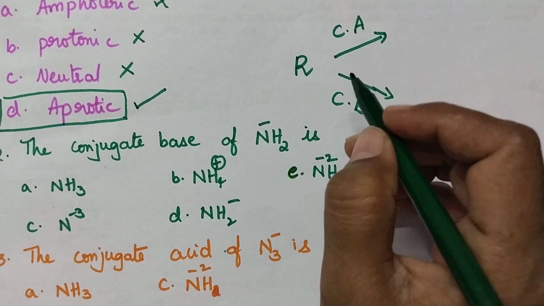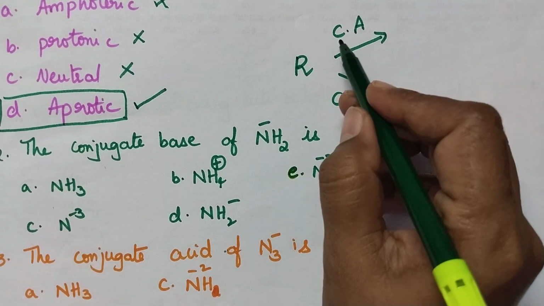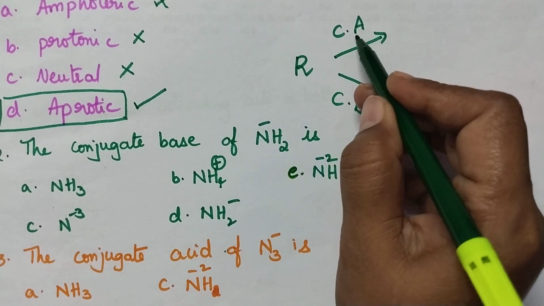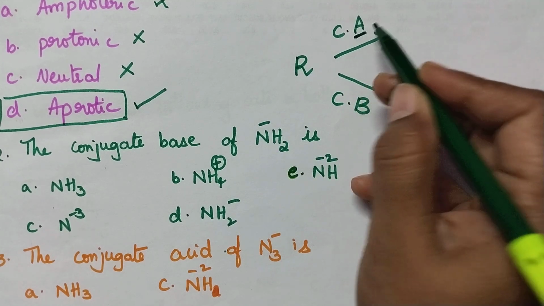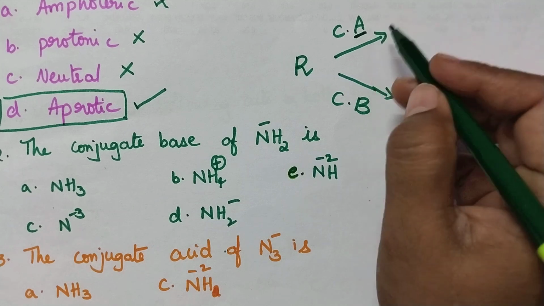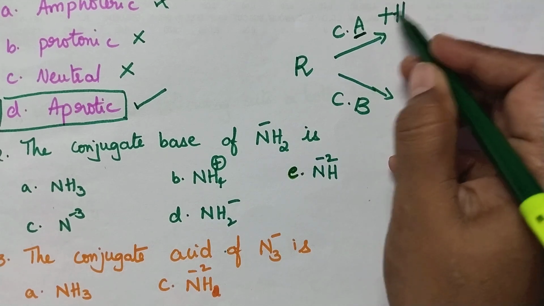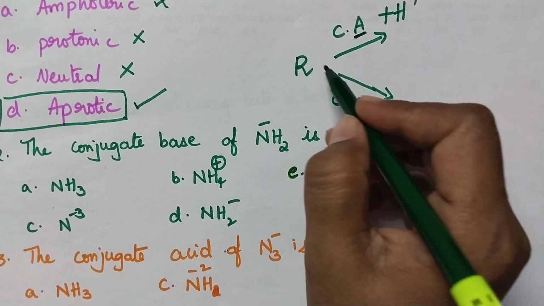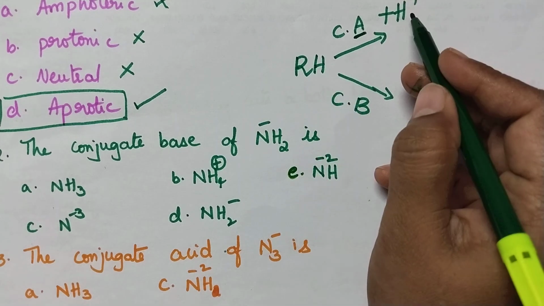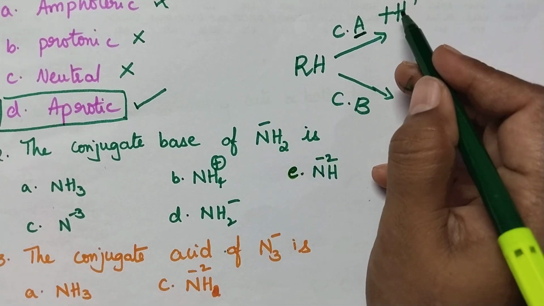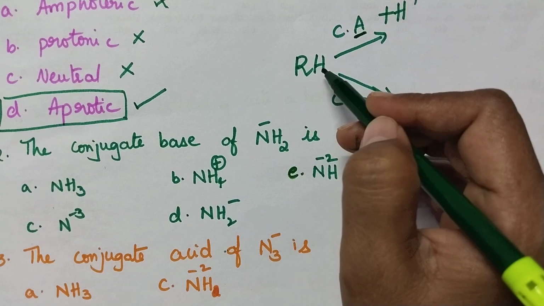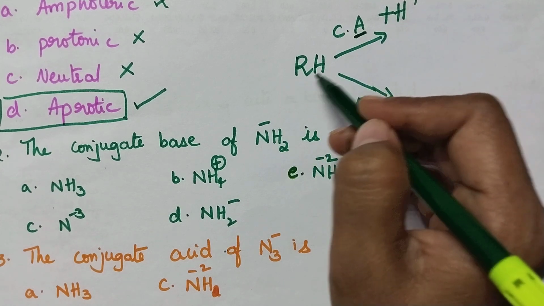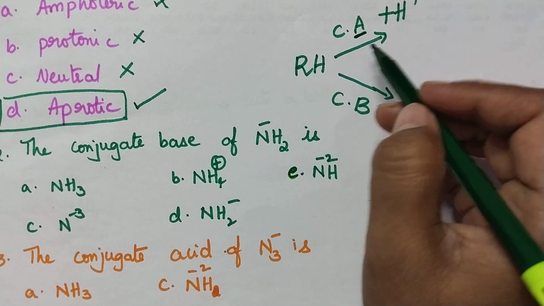While writing a conjugate acid, A stands for accept a proton. You just add one proton. So whenever a proton is added to a compound, let us consider RH as the compound. Then what happens?